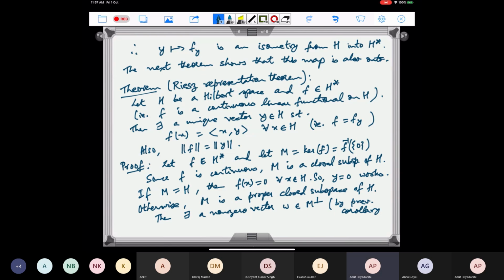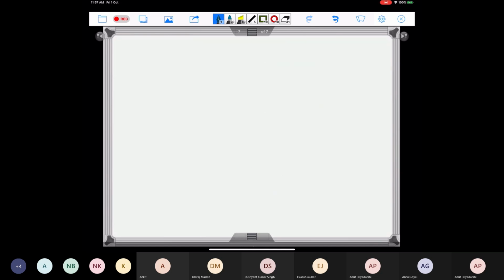And because this f is non-zero functional, so there exists some x naught in H such that f of x naught is equal to 1.